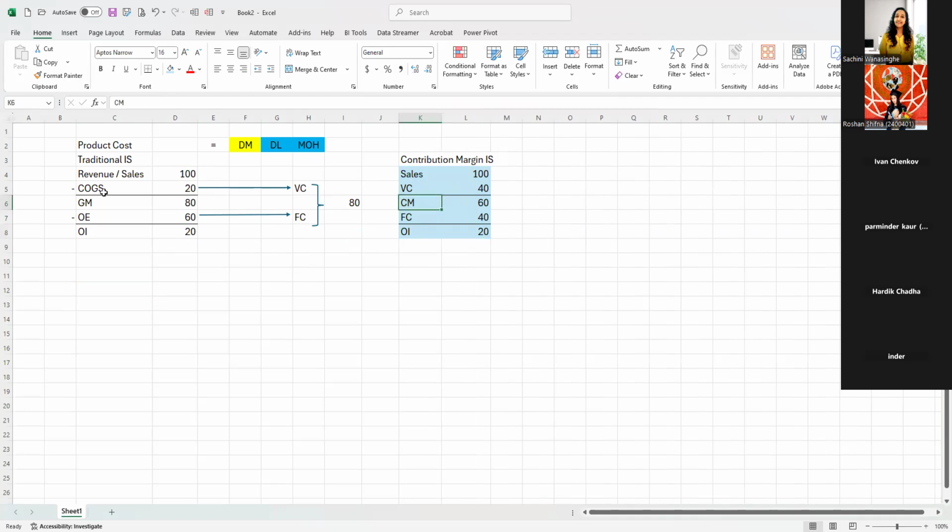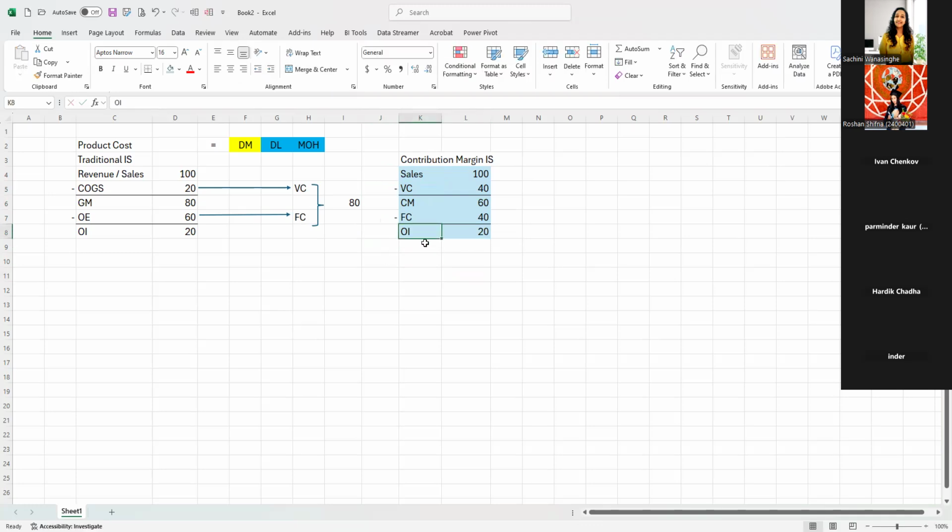What we're changing is that instead of gross margin, we have a contribution margin. How do we get the contribution margin? Sales minus variable cost gives us contribution margin. Contribution margin minus the fixed cost gives us operating income.